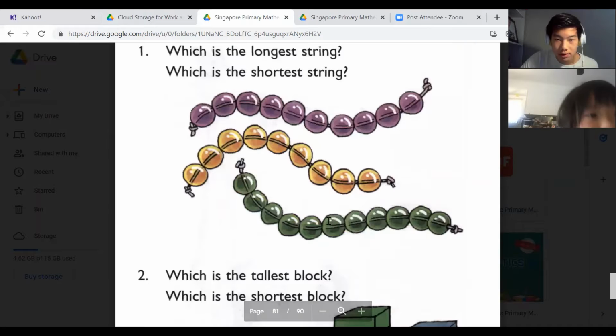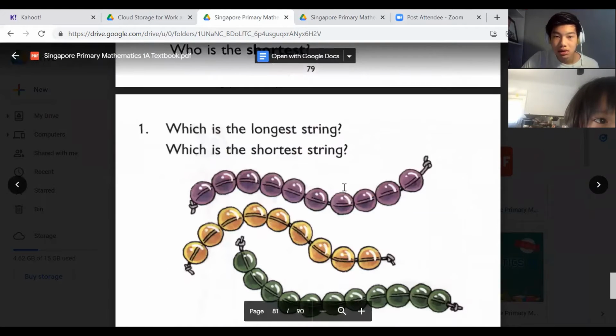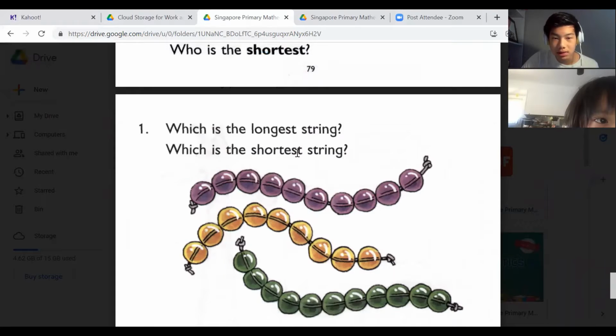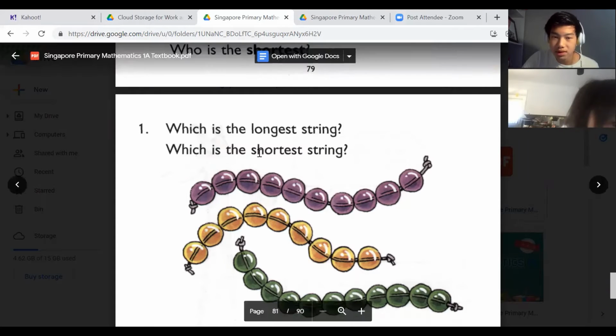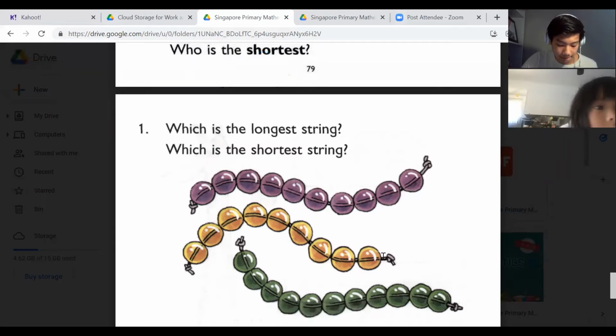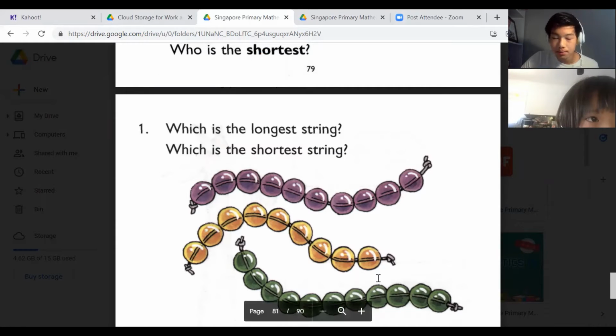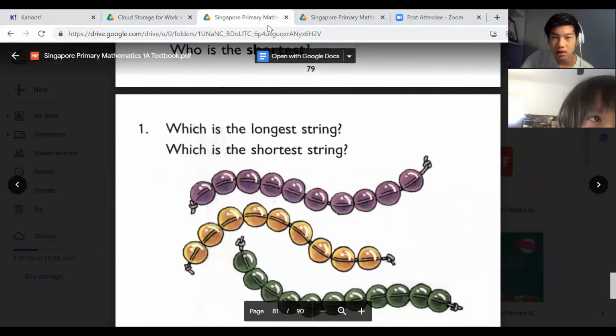Okay, so now I think we can try and practice. So which one is the longest string and which one is the shortest string? Okay, actually, here, I'll do this example. So I'll do this one to start.